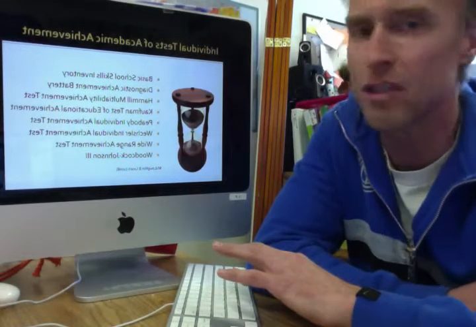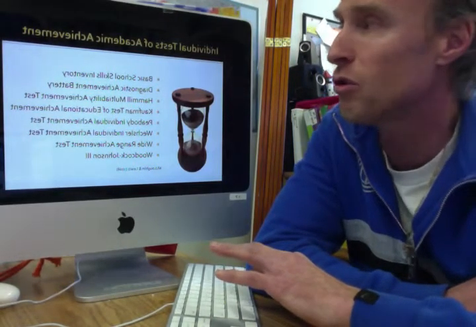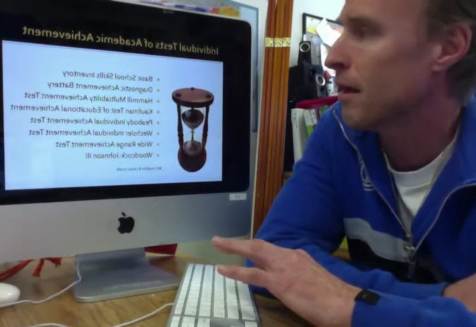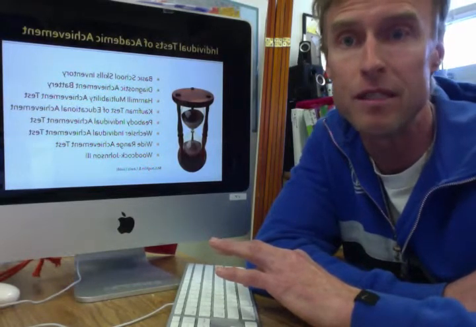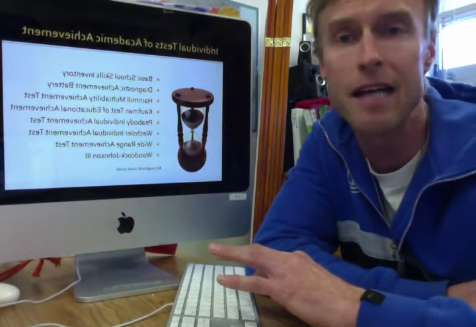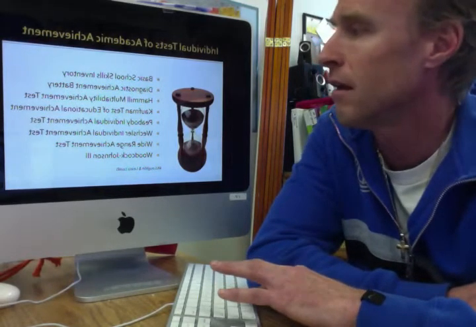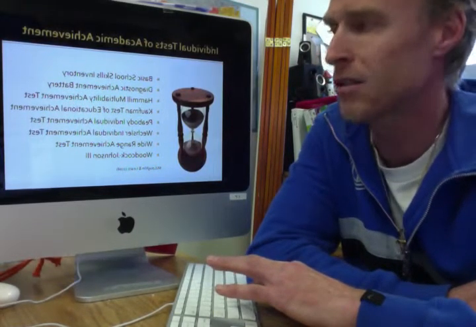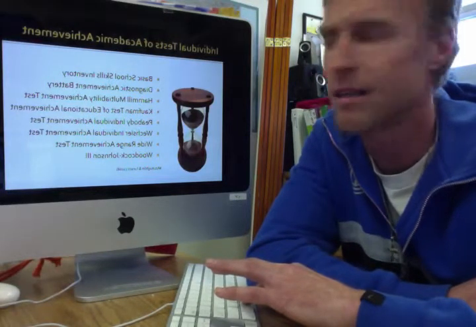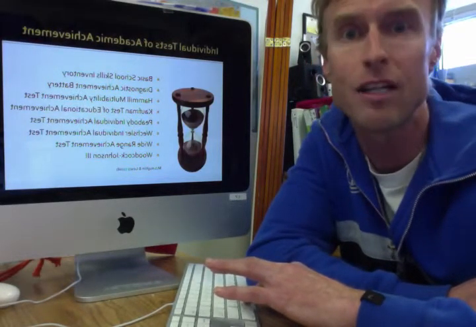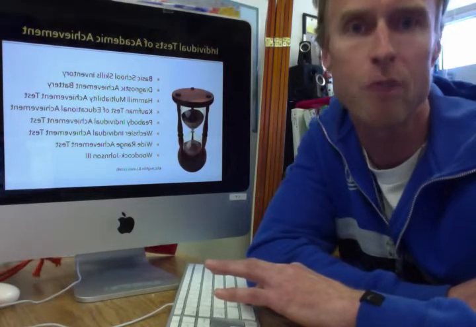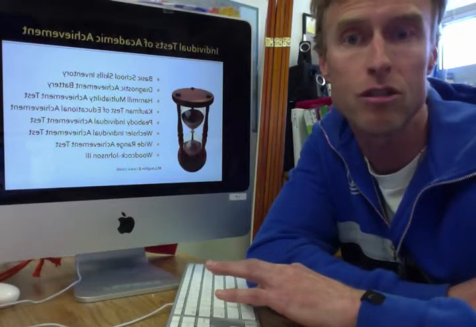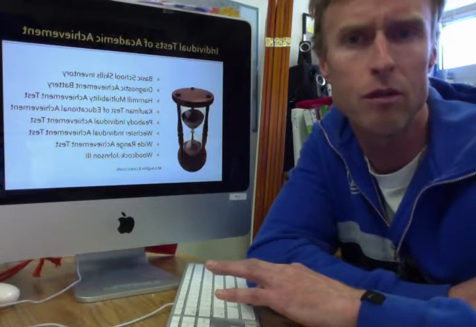What kind of tests are out there? Some of these you might know. The Basic School Skills Inventory, the Diagnostic Achievement Battery, the Hammill Multi-Ability Achievement Test, the Kaufman Test of Educational Achievement, the Peabody Individual Achievement Test, the Wechsler Individual Achievement Test, the Wide Range Achievement Test, and the one we use most at our school here, the Woodcock-Johnson 3, which I'm sure we've used on many of your students, especially those that were doing initials.